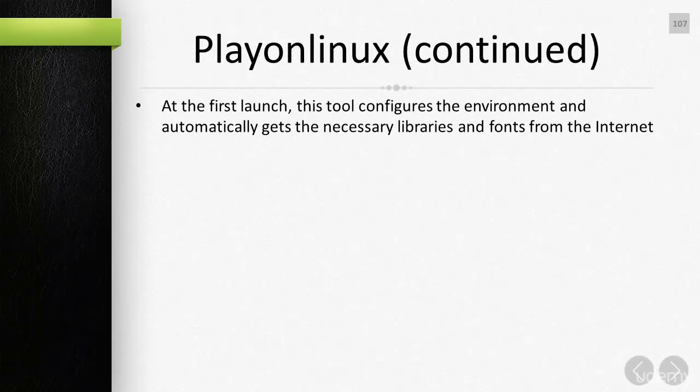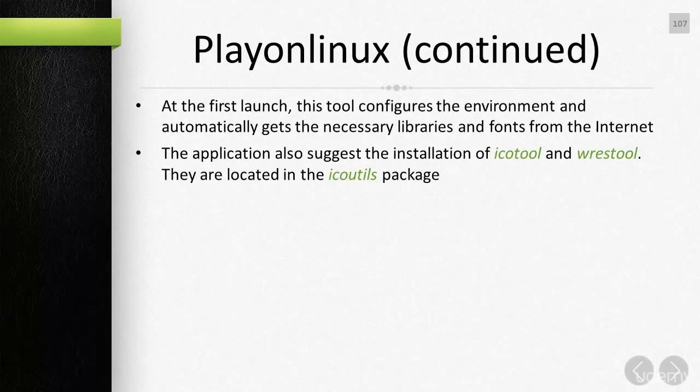When you run it for the first time, Playonlinux will configure the whole environment needed for Wine in a much more complete way. It will download all the needed libraries, fonts, and other components commonly required by the vast majority of Windows applications.